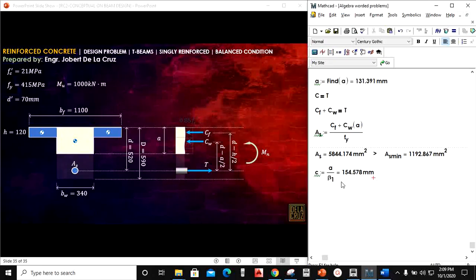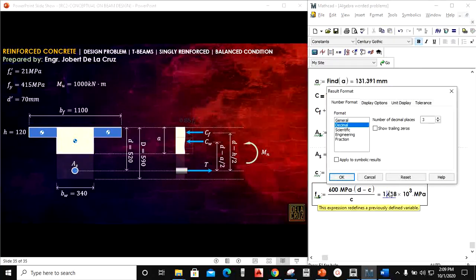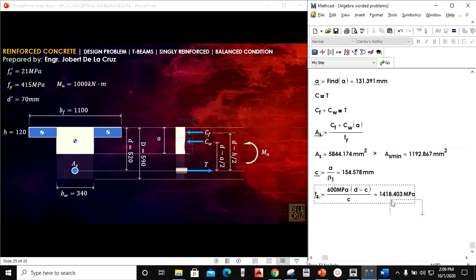That one. After I will calculate the C, I will calculate the actual stress. Ano yung formula? 600 MPa and D minus C divided by C, and that is MPa. Okay? So, by this pa lang, I can say na this is singly kasi lumagpas siya sa 1000 MPa.